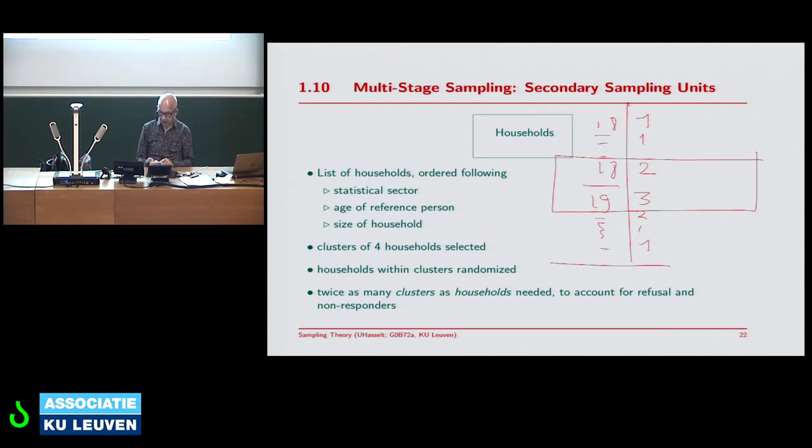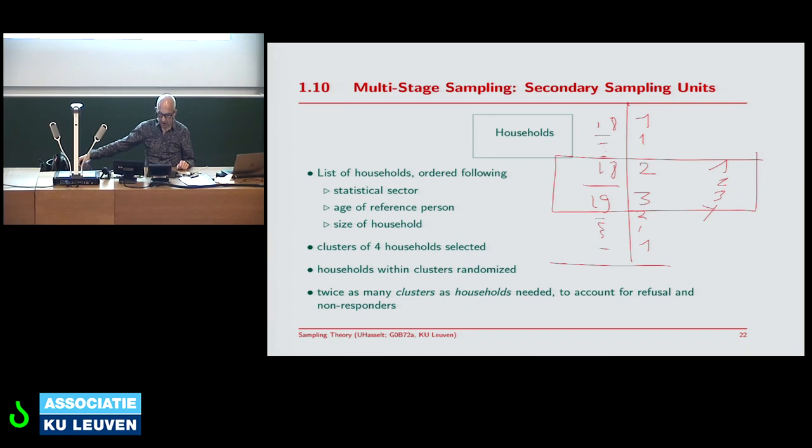Maybe that household is refusing participation, then I activate another household. And so I would have the first, the second, the third, and the fourth. The first one refuses, the second one is non-contactable, the third one is successful, bingo. If I cycle through all 4, and none of the 4 participates, but that's not so very likely, then I activate, as we say, a new one of those clusters, and I go on from there.